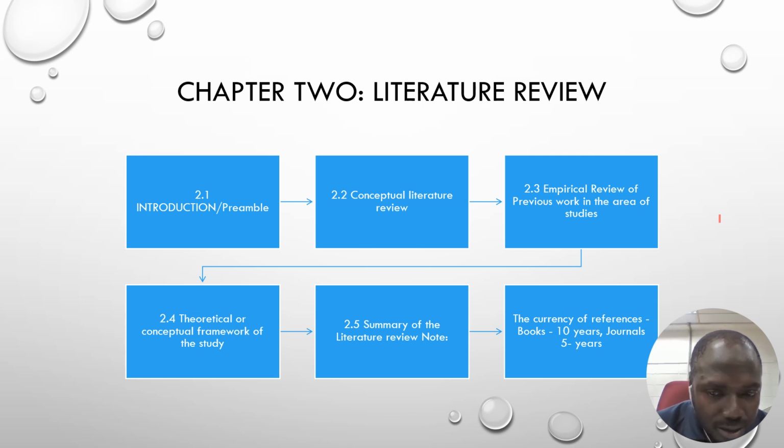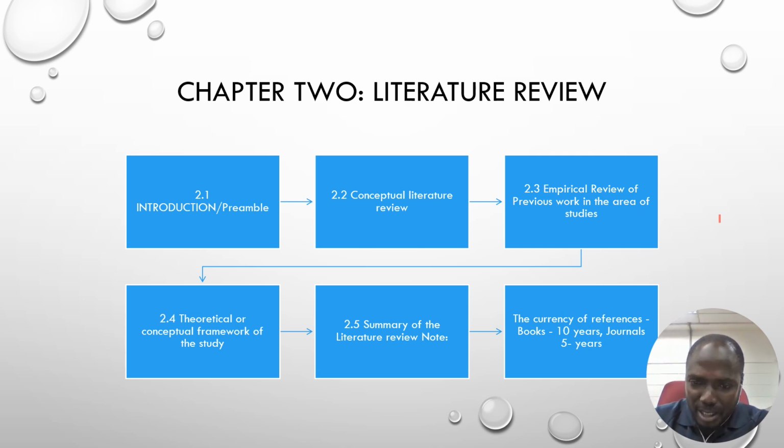In the conceptual review, you are going to talk about the concepts in your topic. For example, assuming your topic is factors contributing to gnosis documentation, here you tell us: what do you mean by documentation? What do you mean by gnosis? What do you mean by factors?